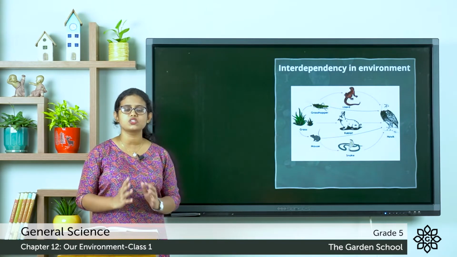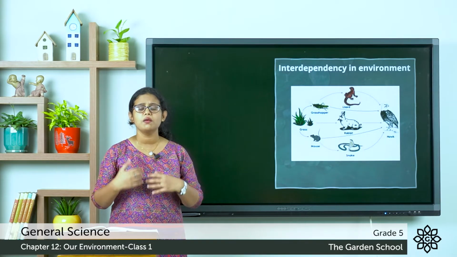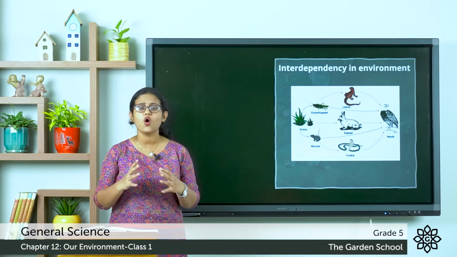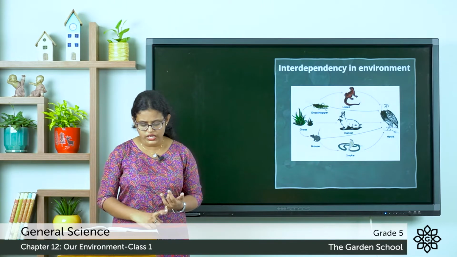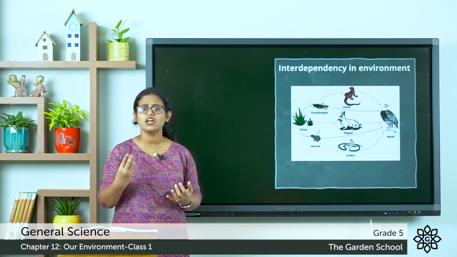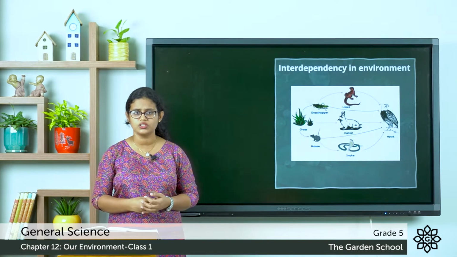The next is interdependency in environment. Many kinds of living things live in the same region, right? We can see many different kinds of living things around us, and all these living things depend on each other. For example, rabbits and squirrels are herbivores and they depend on plants for their food, right?